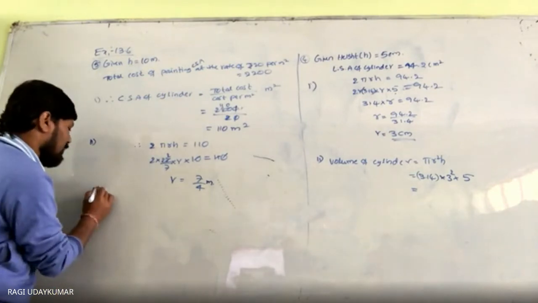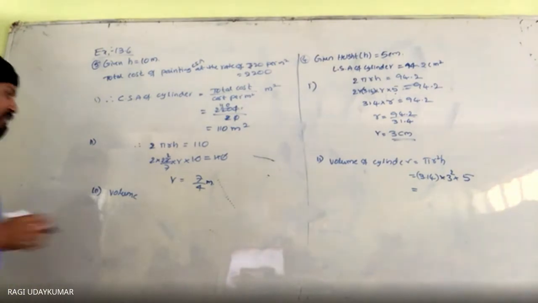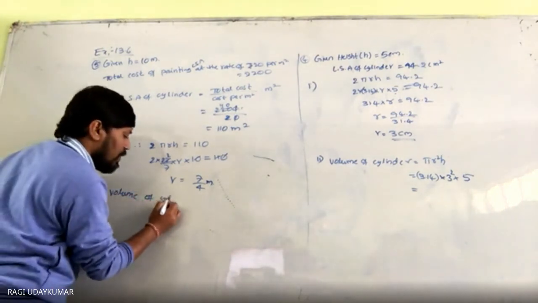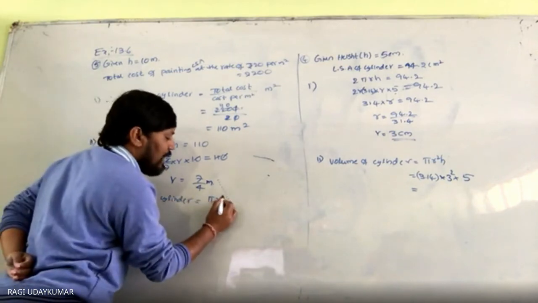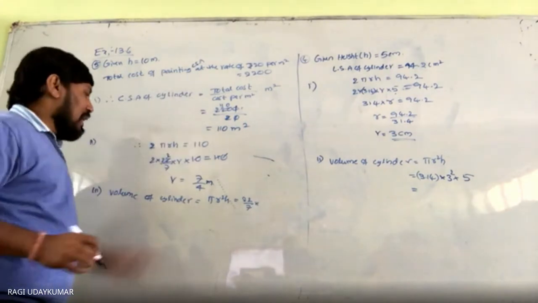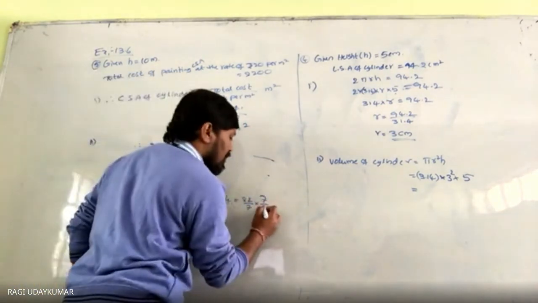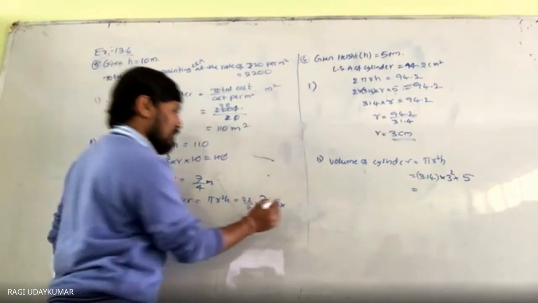The third one is next, also continuing. Volume of the cylinder is equal to pi r square h. The pi value is 22/7, and the r value is 7/4 into 7/4. h is equal to 10.